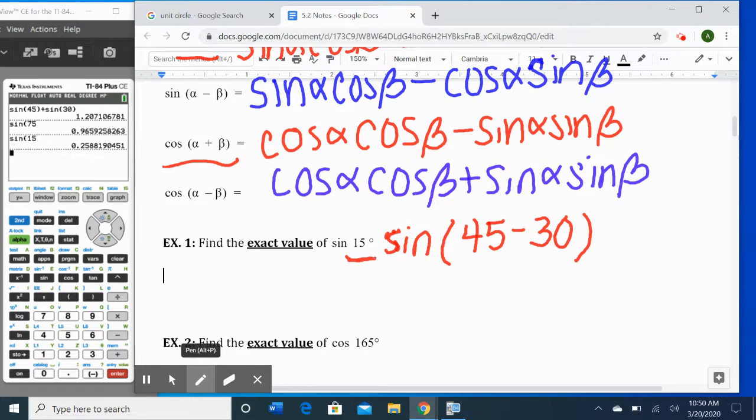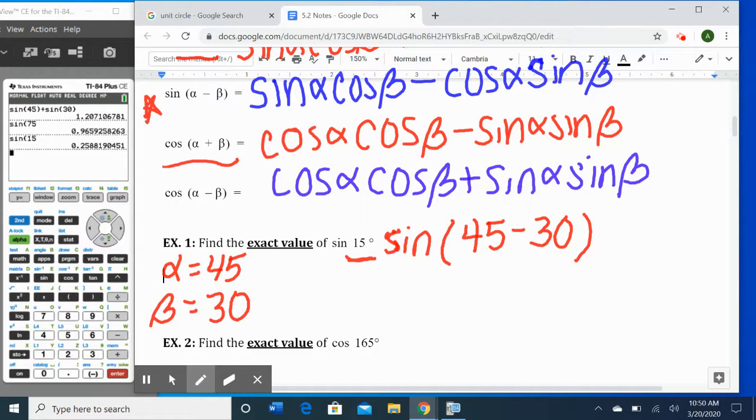By finding the sine of 45 minus 30, I am finding the sine of 15, but I want the exact answer. So I am going to let alpha equal 45, and I'm going to let beta equal 30. And I'm going to use the sine of alpha minus beta.